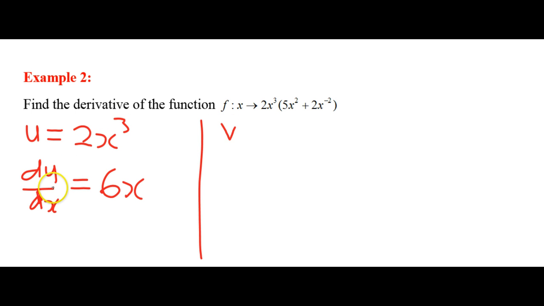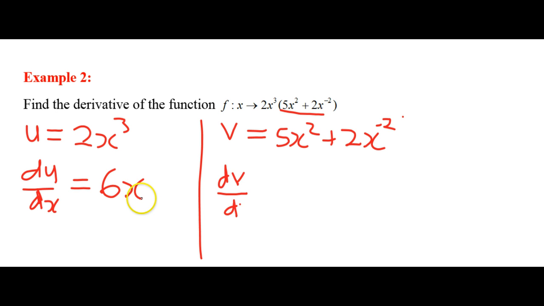And if you let v also be equal to the function 5x squared plus 2x to the power negative 2, the differential of v with respect to x will be equal to 10x minus 4x to the power negative 3.